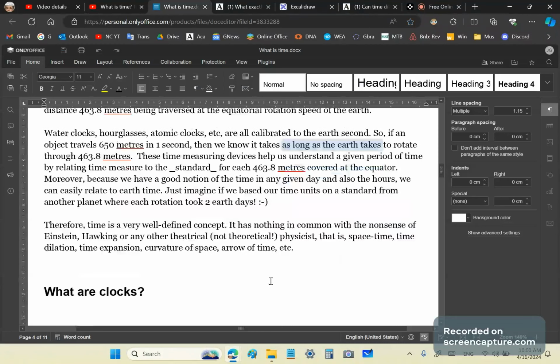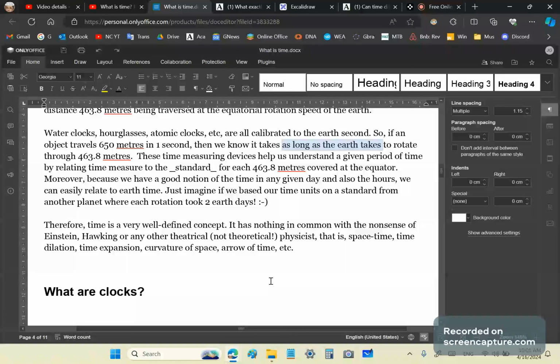Now, we have a good notion of time, as I just mentioned, because we know more or less how much each day takes. In other words, what each day corresponds to in terms of the rotation of the Earth.